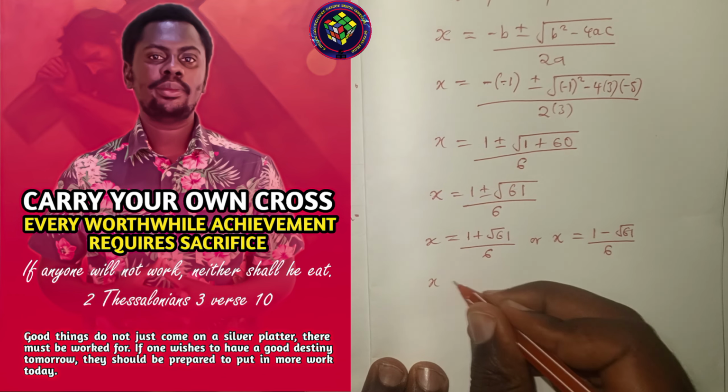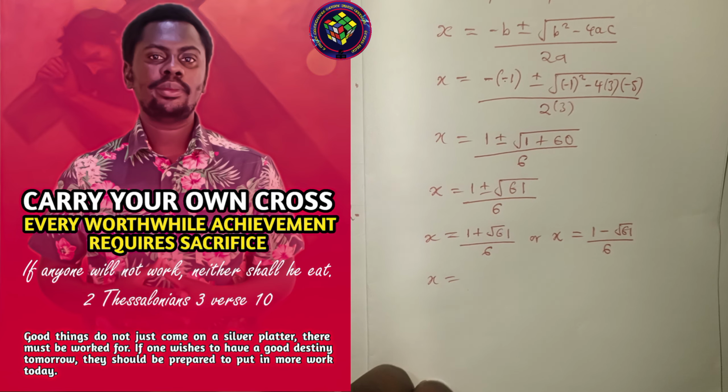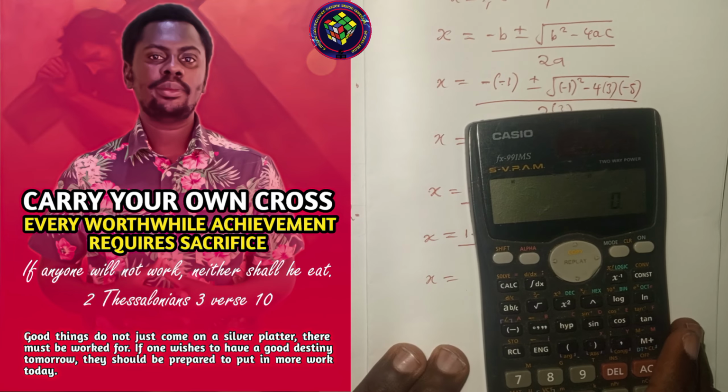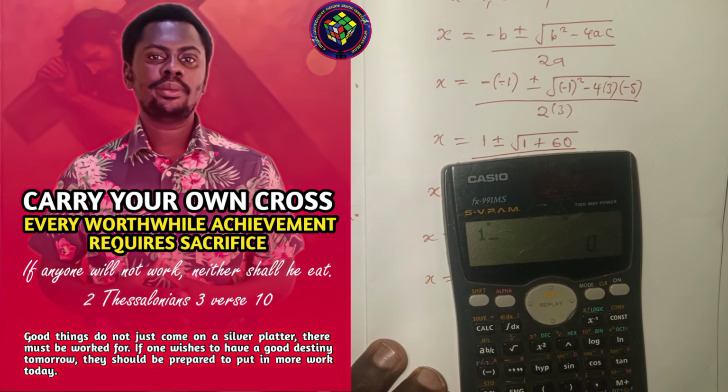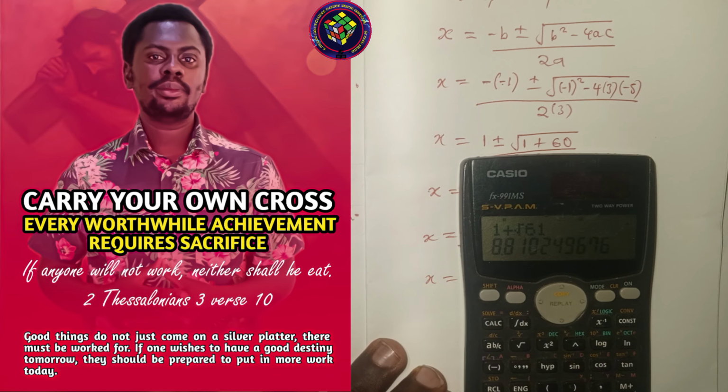Okay, so here what you do, first we need to work out what is on top, then divide by 6. So we are going to use a calculator. On top we have 1 plus the square root of 61, equals, that is the answer.